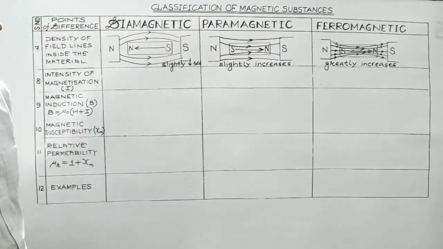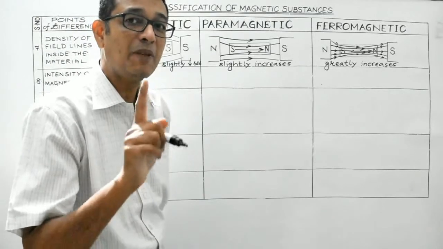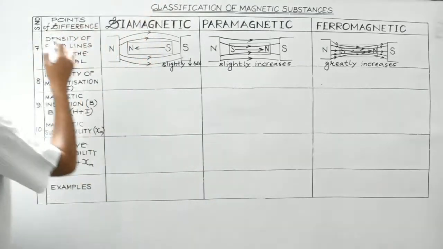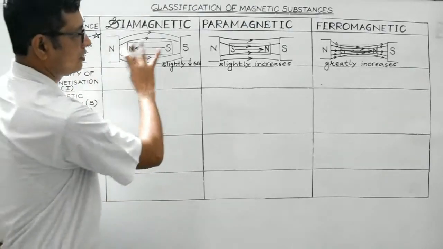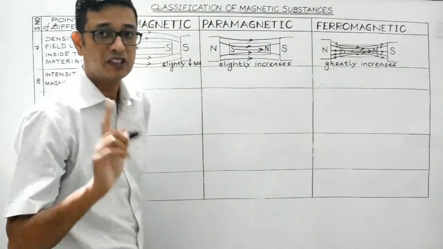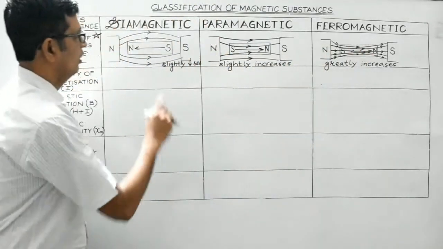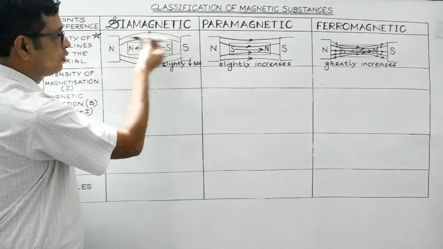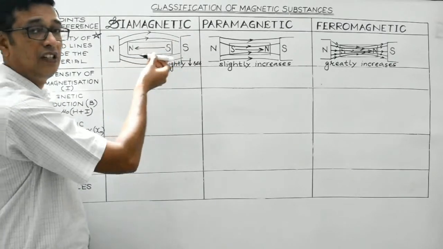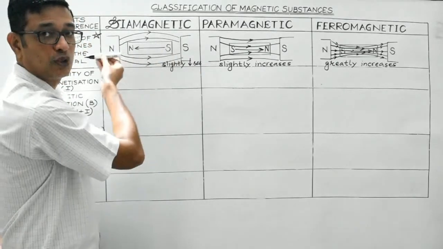Students, just with the help of the diagram, you should be able to differentiate between dia, para and ferro. This is a very, very important diagram. First and foremost, observe the polarity. The diamagnetic substance gets feebly magnetized in a direction opposite to that of the external field. External field is from left to right, so it will get magnetized in a direction opposite to that.